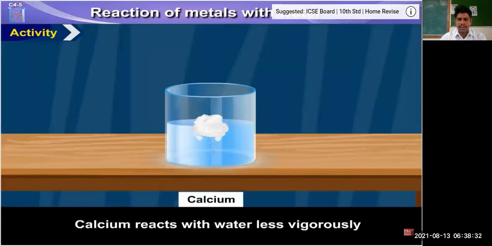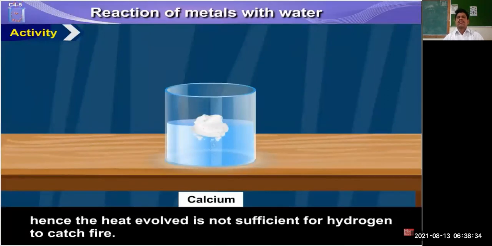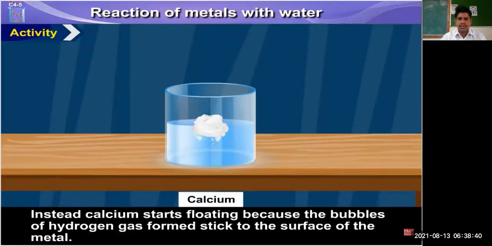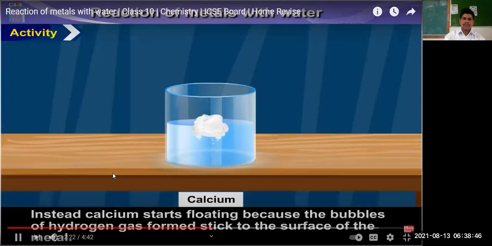Calcium reacts with water less vigorously, hence the heat evolved is not sufficient for hydrogen to catch fire. Instead, calcium starts floating because the bubbles of hydrogen gas formed stick to the surface of the metal.